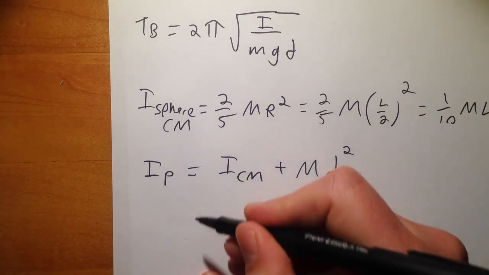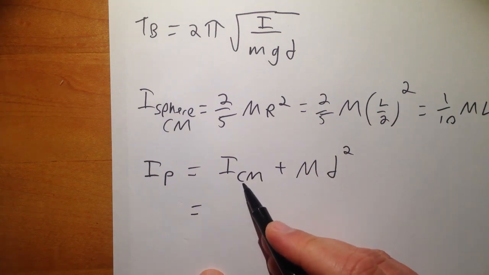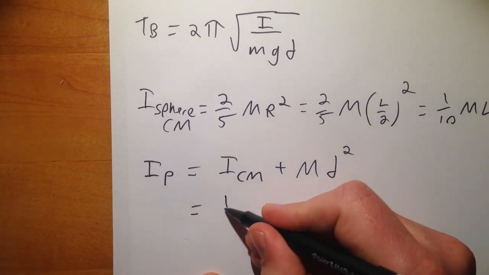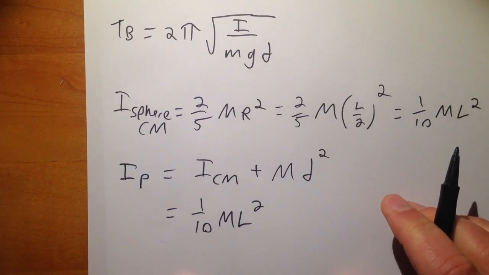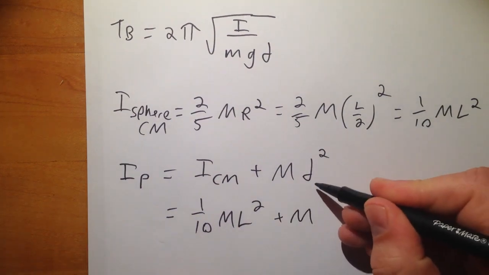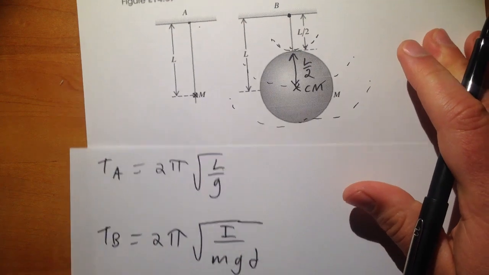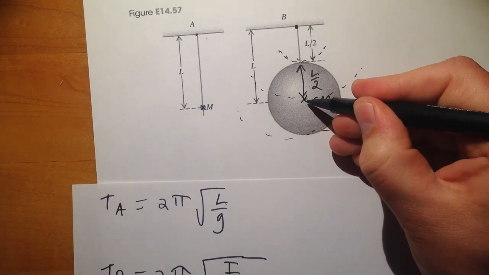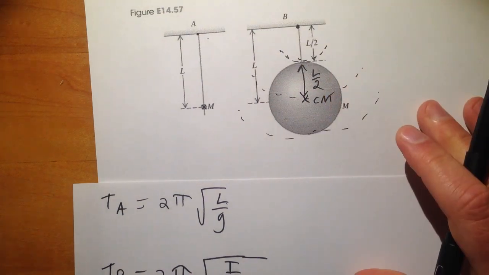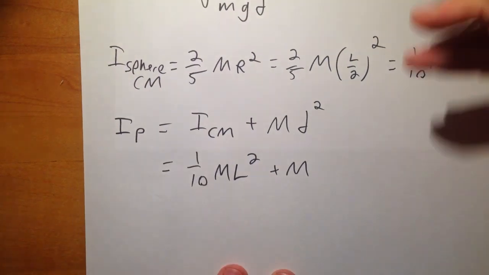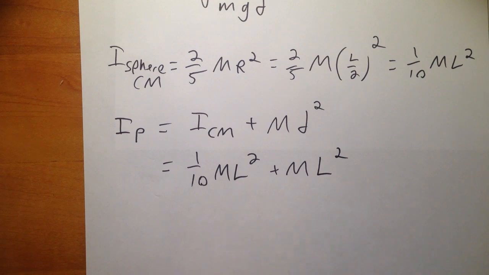Okay, and so I have the moment of inertia of the center of mass is equal to 1/10 ml squared. That's what I figured out in the previous part, plus mass times d, where d again is the distance between the center of mass and the axis of rotation, and that distance is L. Okay, so plus ml squared.